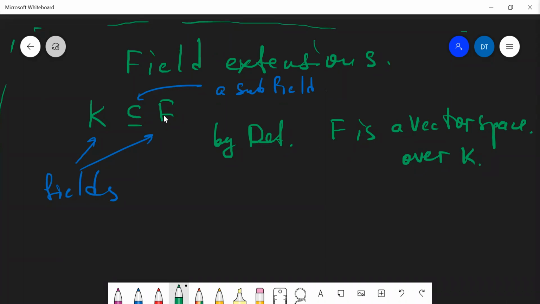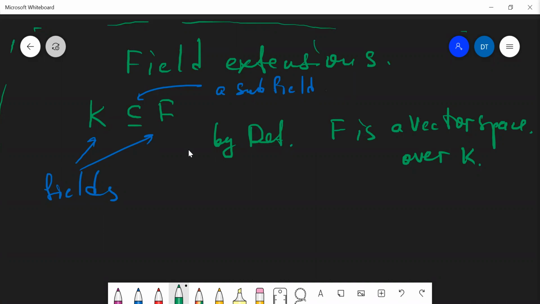Since F is a field, it's a set. It has addition, so you may add elements of F together. And since it has multiplication, you can multiply each element of F by each element of F. In particular, you may multiply each element of F by an element of K. So you have the required data to define the vector space, and you may check that all the axioms of the vector space are satisfied here. So F is actually a vector space over K.